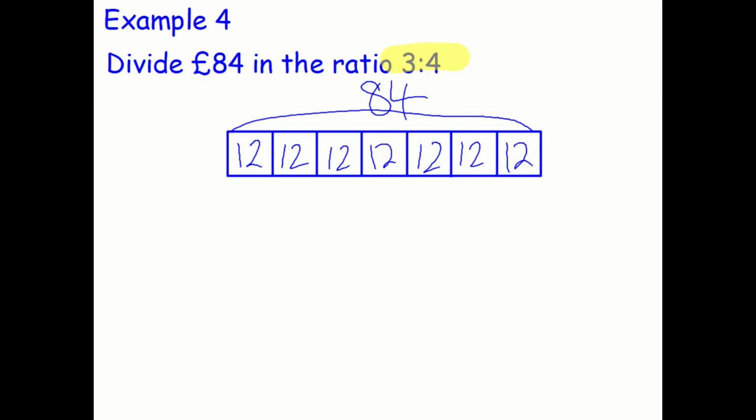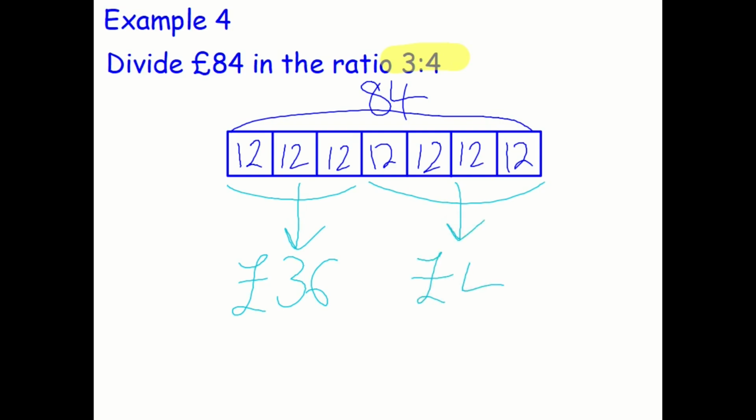If I'm splitting it in the ratio 3 to 4, 3 twelves are 36 and 4 twelves are 48. So my final answer is 36 to 48. You can check your answer, of course, because 36 plus 48 add up to 84.